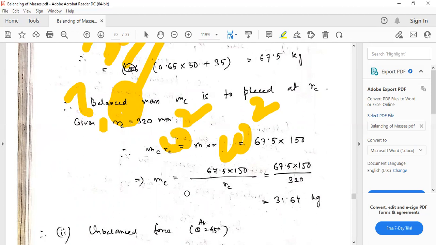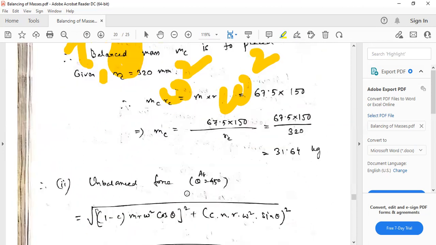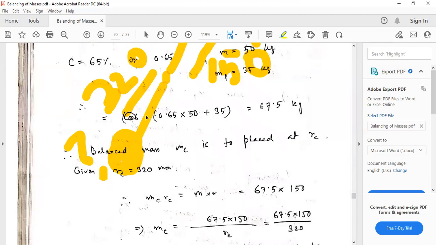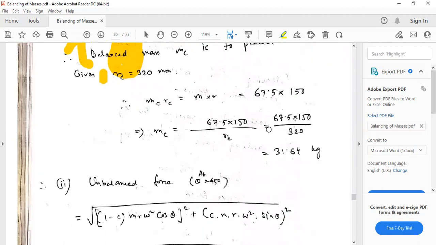We are about to find the forces only, but before that, we need to find out the mass. So here we have balanced the centrifugal forces. Using this formula, MR, this mass is known, 67.5 multiplied by the distance 150, equal to Mc, which is unknown, multiplied by the distance 320.